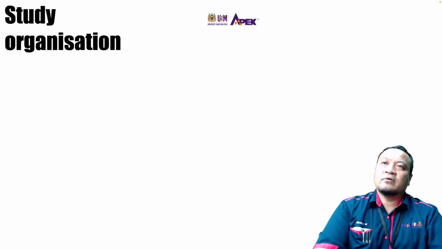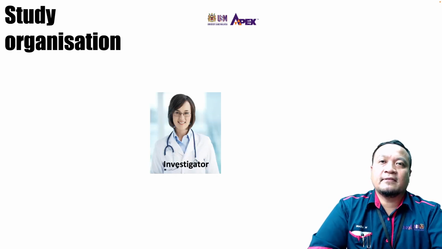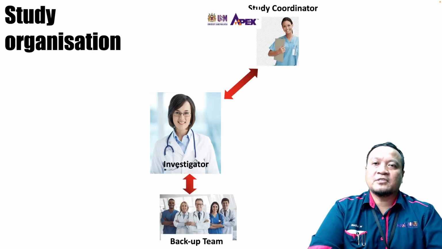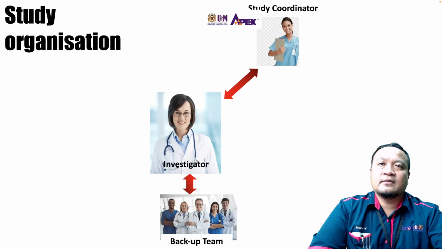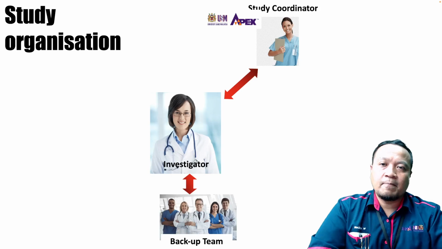So we talk about study organization in clinical trials. In the center, you have an investigator. The investigator can be a consultant or medical officer, someone who has been trained and has all the qualifications. An investigator should be backed up by a team. The investigator is not working alone.